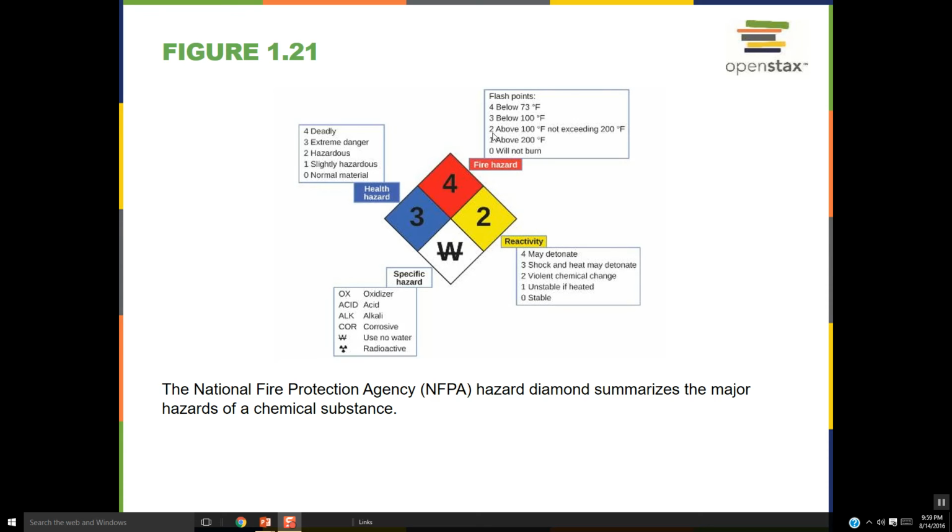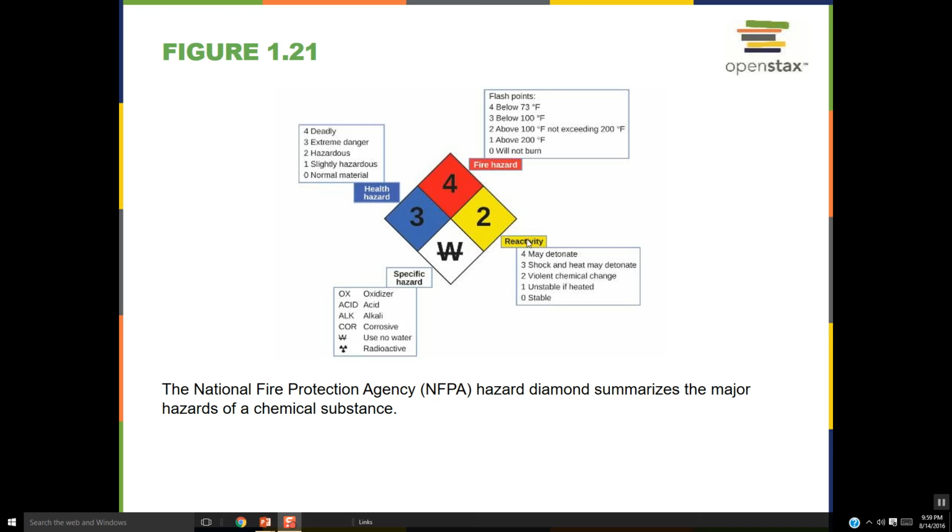If it had a 2, it would be somewhere above 100, but not in excess of 200. If there was a 1, it would be above 200. And if there's a 0, no matter what, it's not going to catch on fire or burn. So in essence, for all of these numbers, no matter which block it is, the higher the number, the more danger you are at. That's something good to keep in mind. And again, 4 is 73 degrees, 3 is 100, 2 is 100 to 200, and then 1 is in excess of 200.